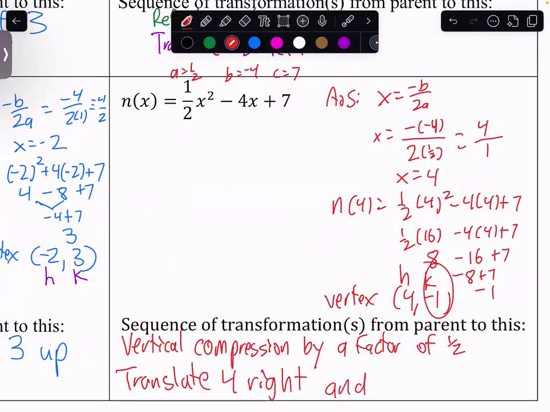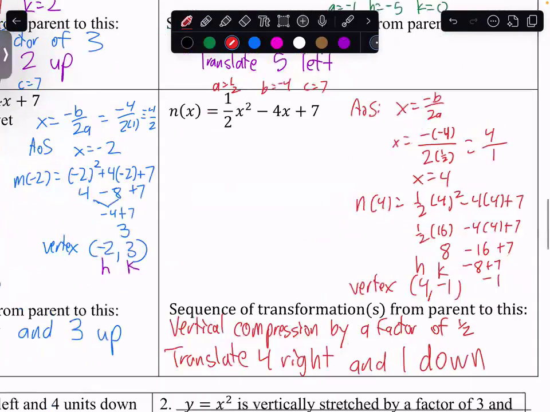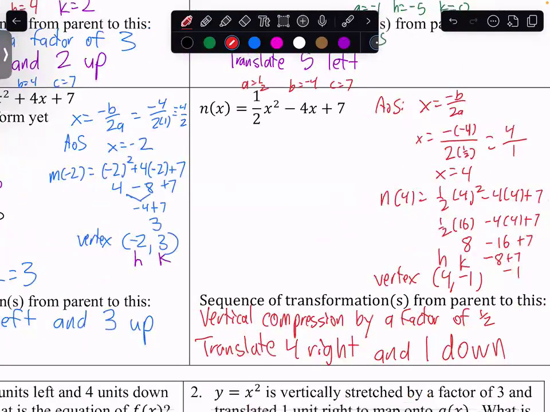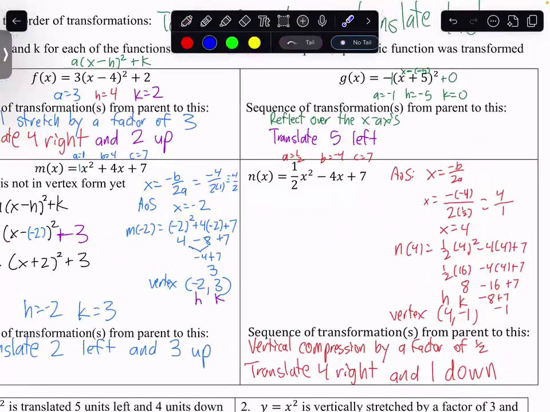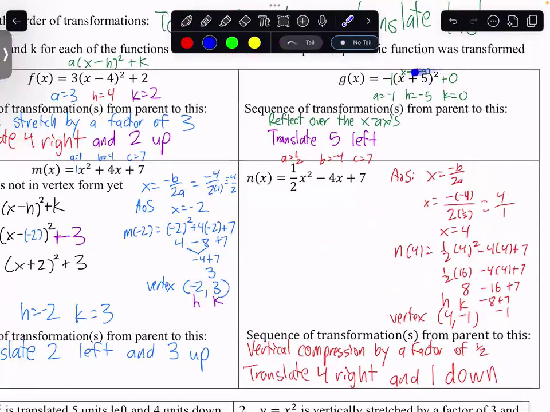K being negative 1 means we translate 1 down. All right, so again, sometimes the problem will already be in vertex form. In that case, you get to just quickly identify A, H, and K. If it's in standard form, you need to convert it to vertex form to find A, H, and K.